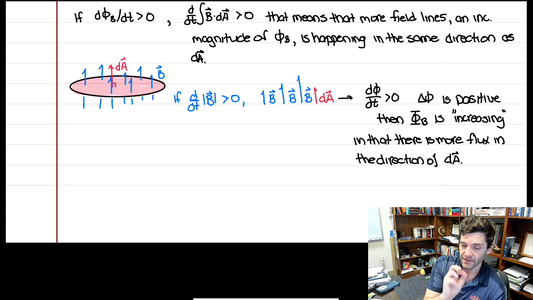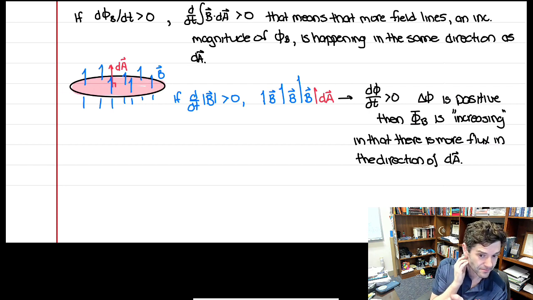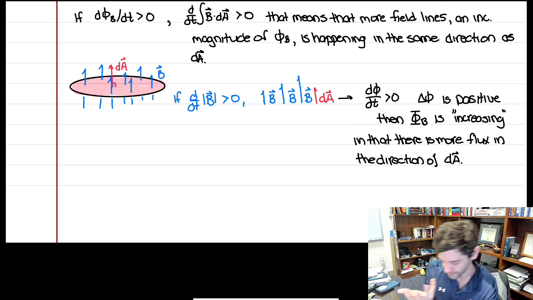Going back to that picture on the left, more field lines going up would be an increase in flux. In this case, the change is positive, and the total flux is increasing.